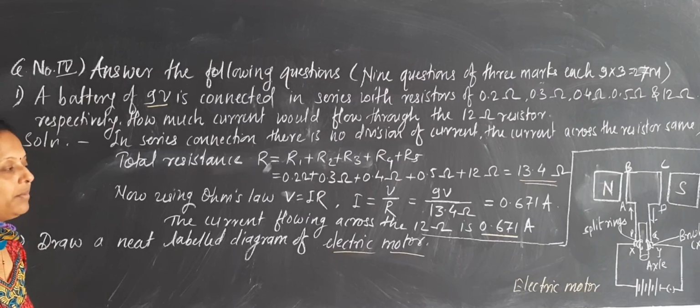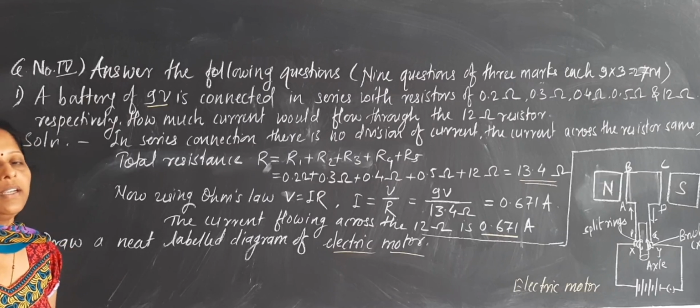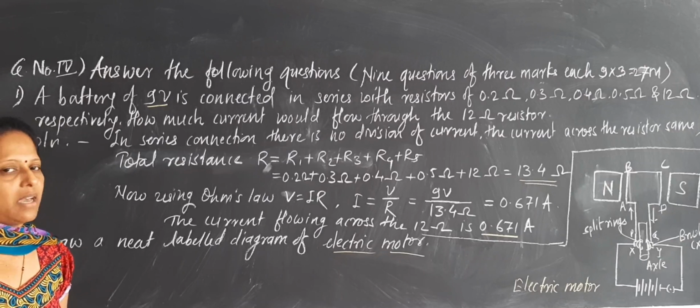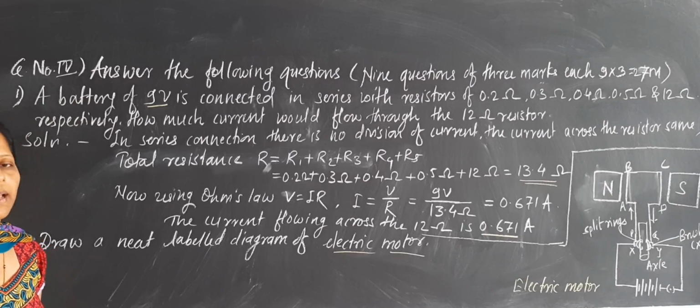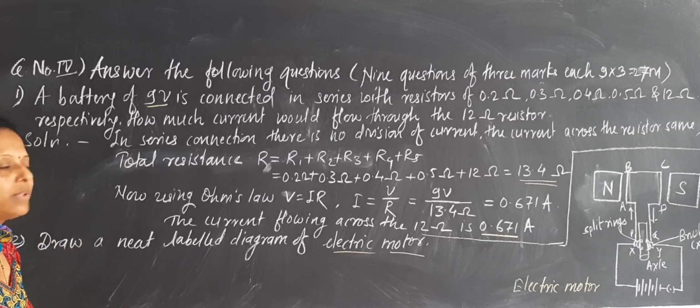You should learn all the formulas by heart properly. For the parallel connection, 1 by Rp, the reciprocal, is equal to 1 by R1 plus 1 by R2 plus 1 by R3. However many resistors are available, you should add them like that, do the division properly, and get the answer.